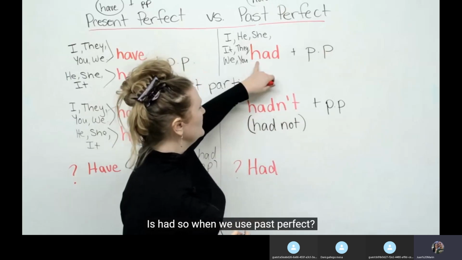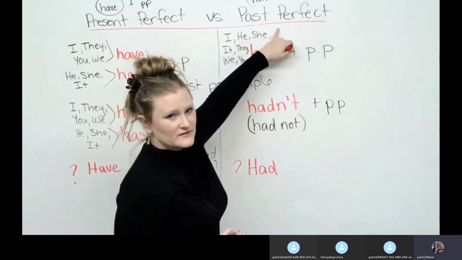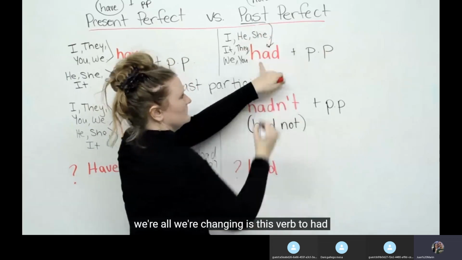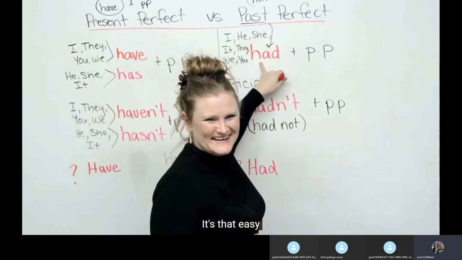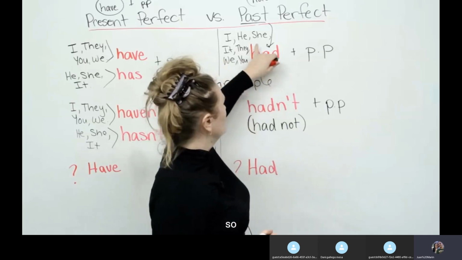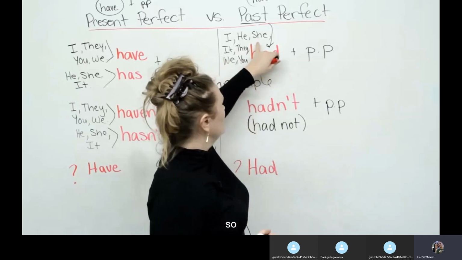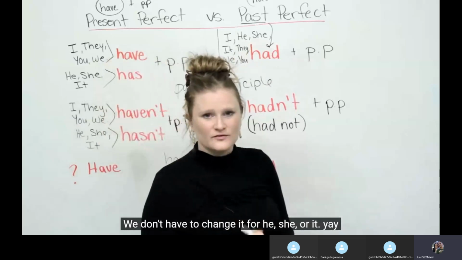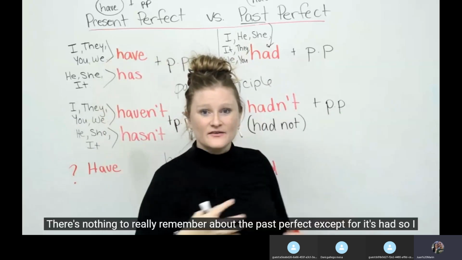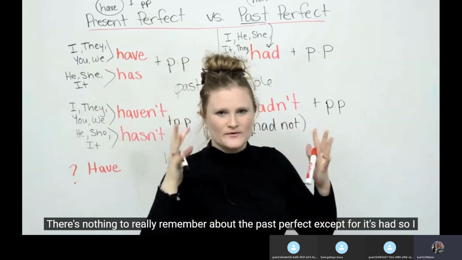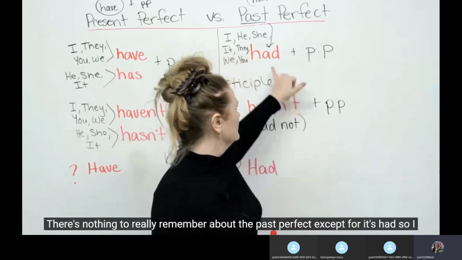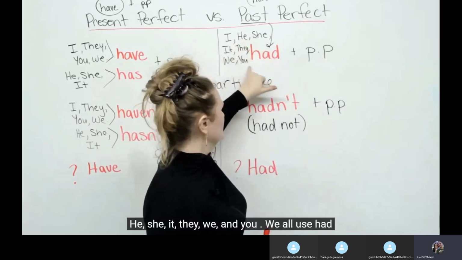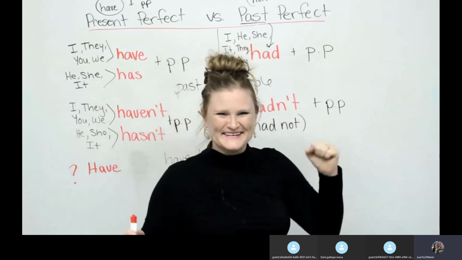So, when we use past perfect, all we're changing is this verb to had. It's that easy. So, the other very easy thing about past perfect is we don't have to change it for he, she, or it. Yay! There's nothing to really remember about the past perfect except for it's had. So I, he, she, it, they, we, and you, we all use had.